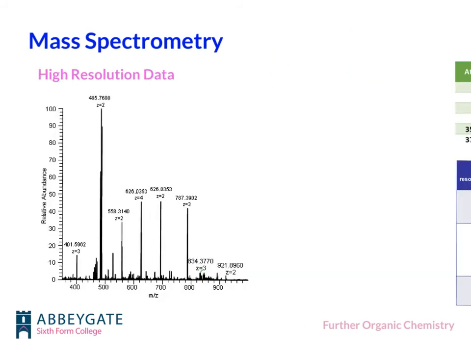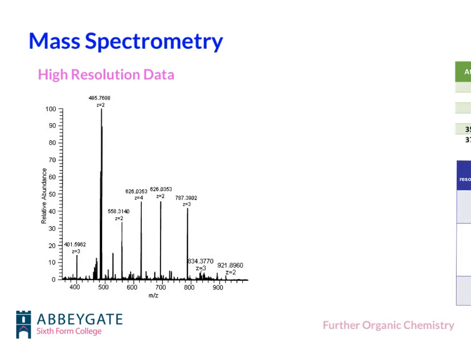This is where high resolution mass spectrometry comes in. If you've got a lot of different options of what your molecule can be, something with a big molecular mass, there could be lots of different carbon, hydrogen permutations, then it's important that you get a really accurate figure on what that molecular mass is. Now, high resolution mass spectrometry has a resolution of 4 decimal places.